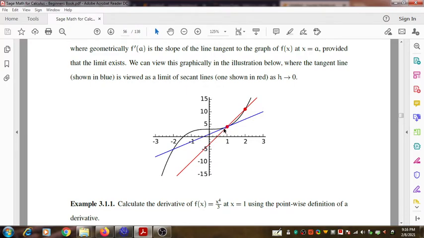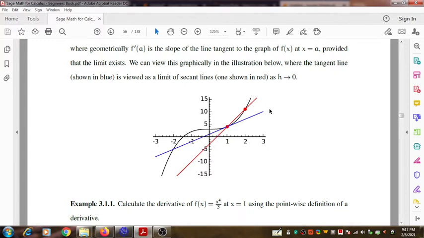You can say that it is the slope of the tangent line. If you consider this point, this blue line is the tangent, and when this line meets the x-axis, it makes an angle there, and the tan of that angle is called the slope of that line.